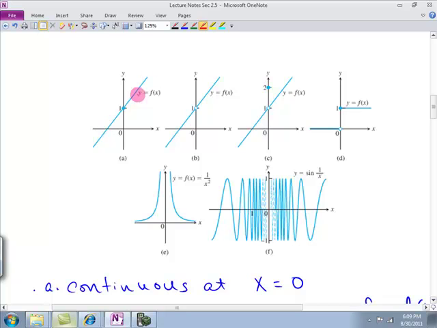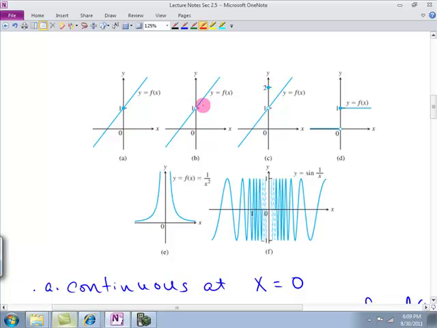Okay, right here, I don't know if you can see, but that dot right there at x equals 0 is closed in, and we've got this line. So at x equals 0, this thing is continuous. So in A, it's discontinuous. How about in B? What's there?